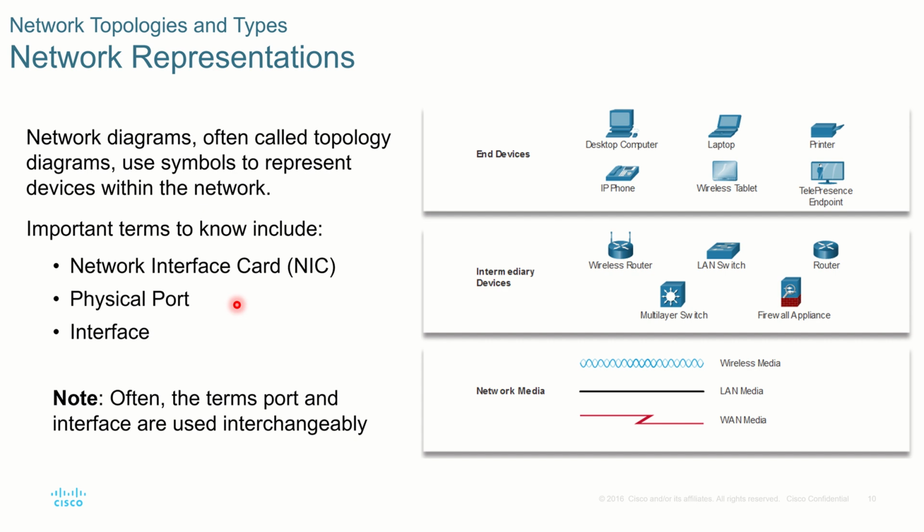Then we have the physical port, which is the actual connection point on a device, and the interface, which is the network connection used to send and receive the data. But sometimes the terms port and interface are used interchangeably, particularly when we are talking about the routers and the firewall appliances.